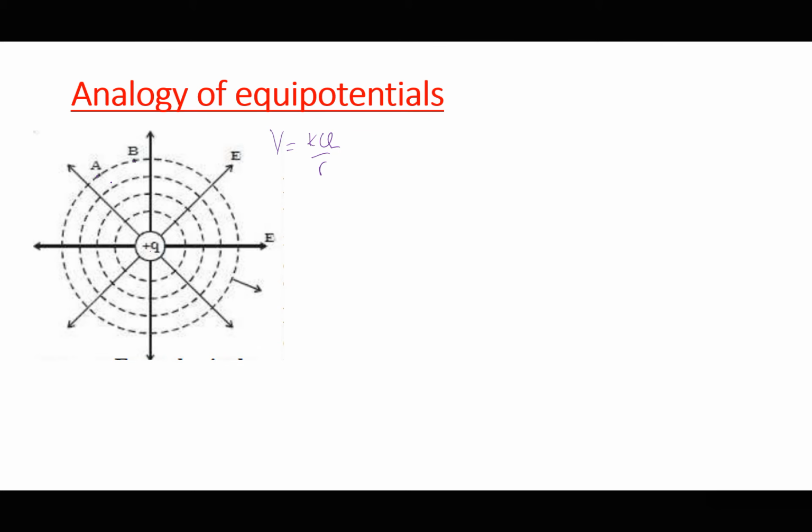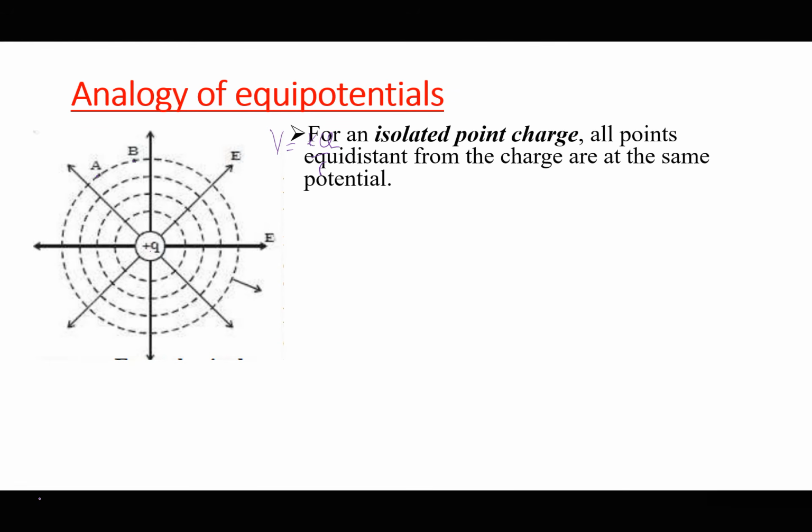So if we have any two points at the same potential, we shall always conclude that the work done to move from one point to another is always going to be zero, simply because the work done depends on the change in potential. So for an isolated point charge, all points equidistant from the charge are at the same potential.